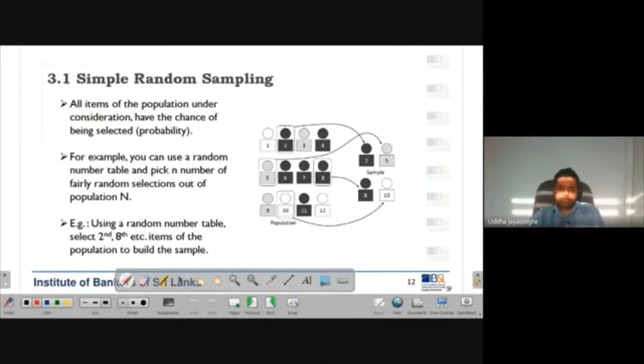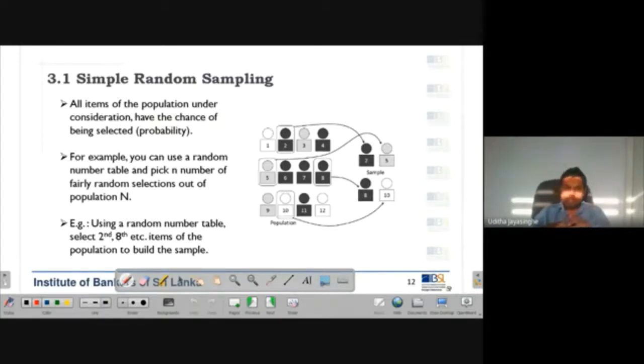Let's try to learn the 4 different sampling methodologies under the probabilistic methods. The first one, simple random sampling. Now, this is known as the widely used probabilistic sampling method, which is used in many surveys, many research studies. Simple random sampling.